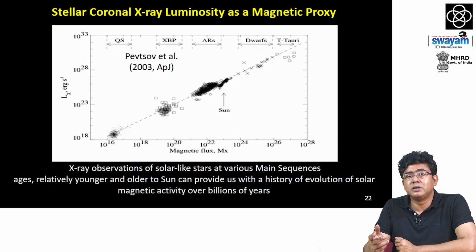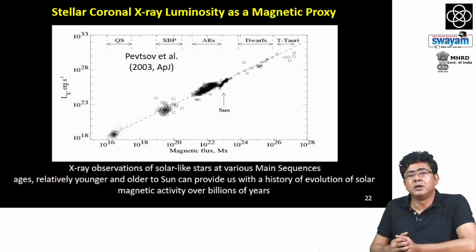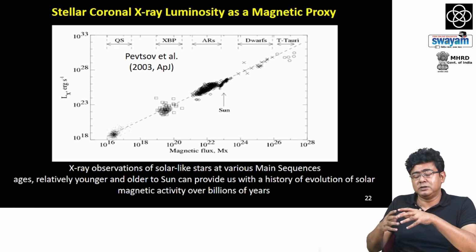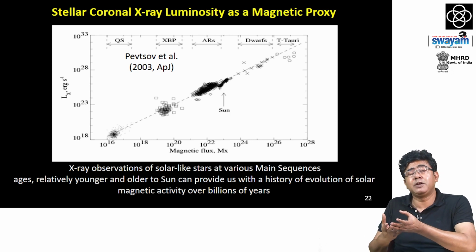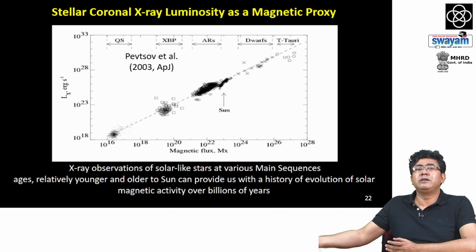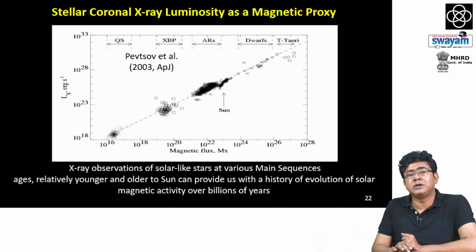magnetic flux in those stars and in the sun where measurements exist over a very large range of flux, which tells you that the amount of magnetic flux that a sun produces directly modulates its X-ray flux. Therefore, if you can measure the X-ray flux, then you can reconstruct the magnetic activity levels of the star.